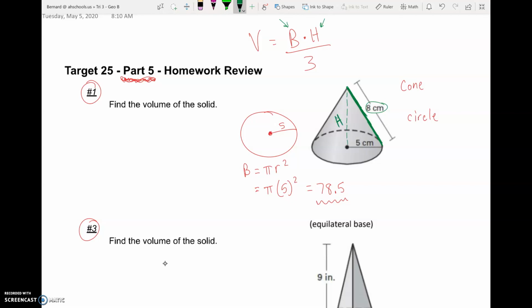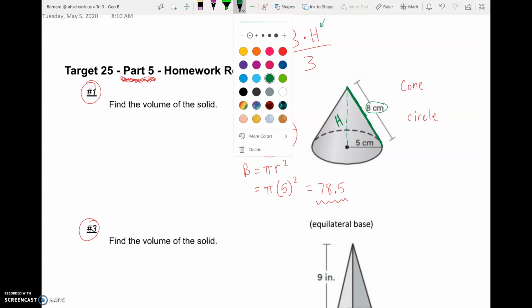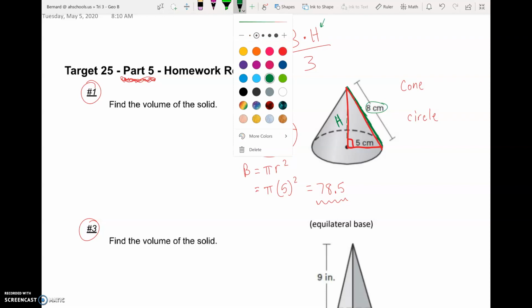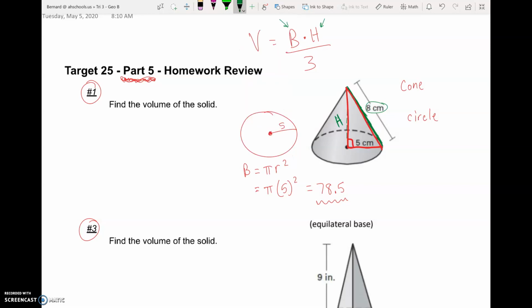So we're going to need to do the Pythagorean theorem. Notice that when I drew those lines in, that made a right triangle. We'll use the Pythagorean theorem to figure out what H is. C is where our 8 is, so it would be H squared plus 5 squared equals 8 squared.